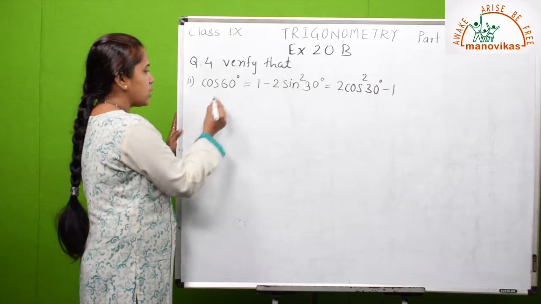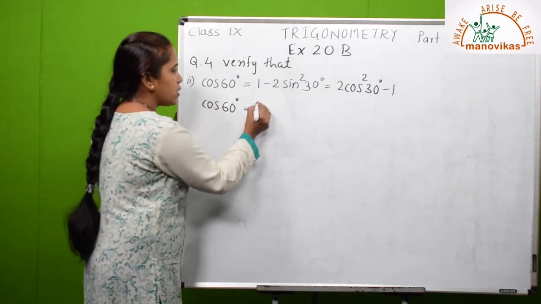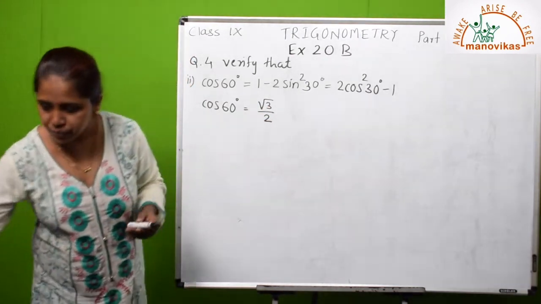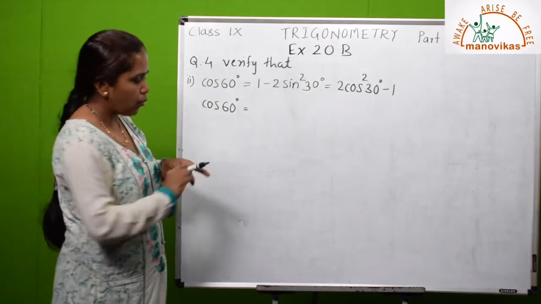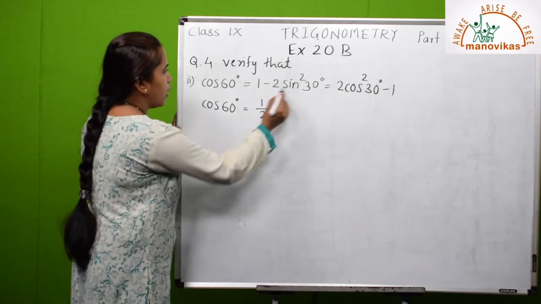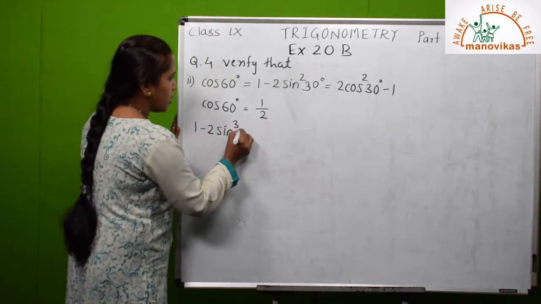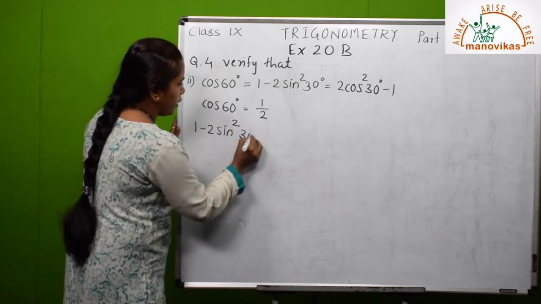For example, cos 60. So what is the value of cos 60 degree? Cos 60 is root 3 by 2. Sorry. Cos 60 is 1 upon 2. Okay. Now the second part, that is 1 minus 2 sin square 30 degree.